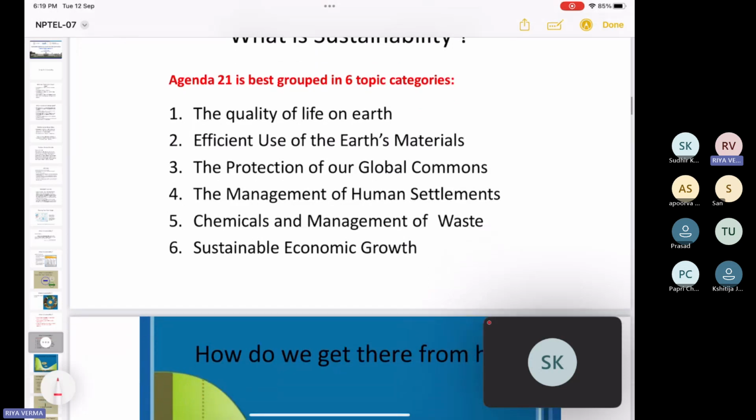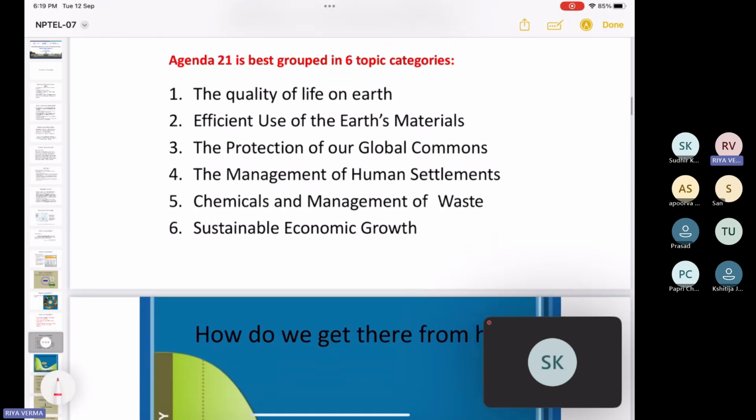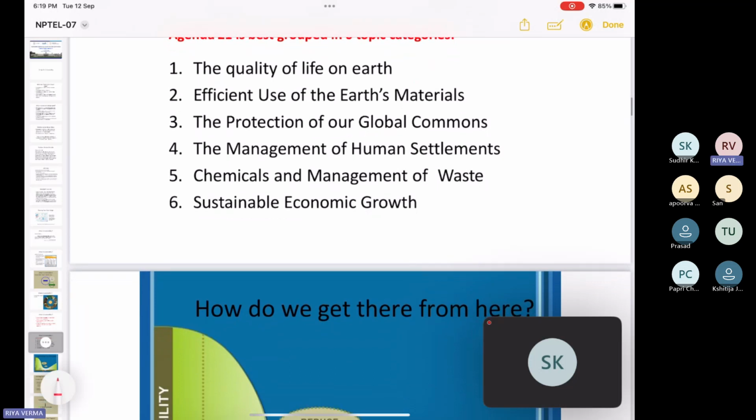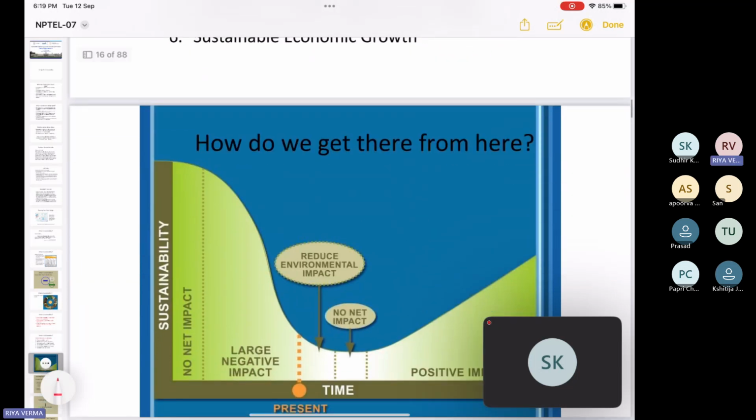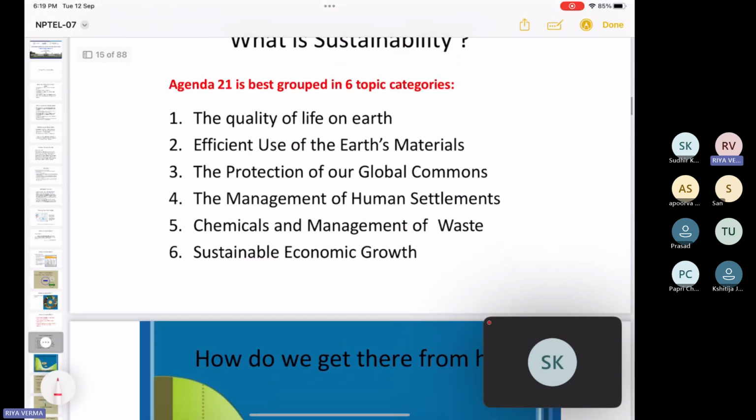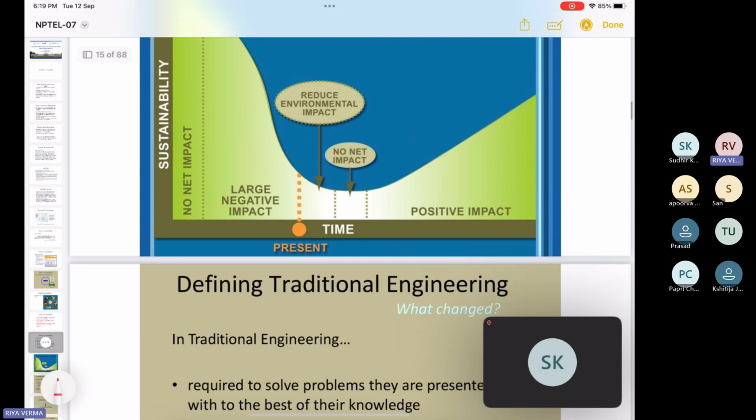The first is the quality of life on the Earth, then efficient use of the Earth's materials, then the protection of our global commons, the management of human settlements, then chemicals and the management of waste, and then sustainable economic growth. So these are the six categories on which Agenda 21 is grouped.